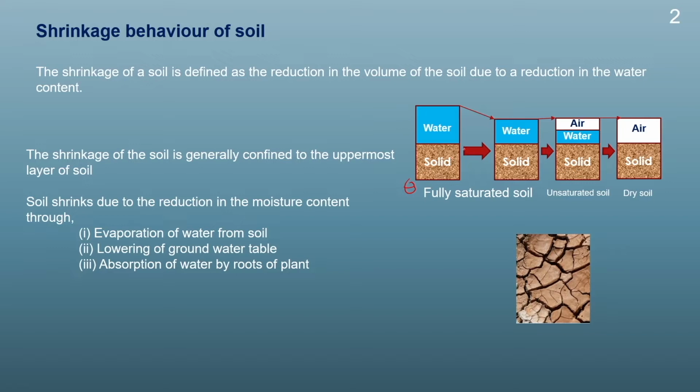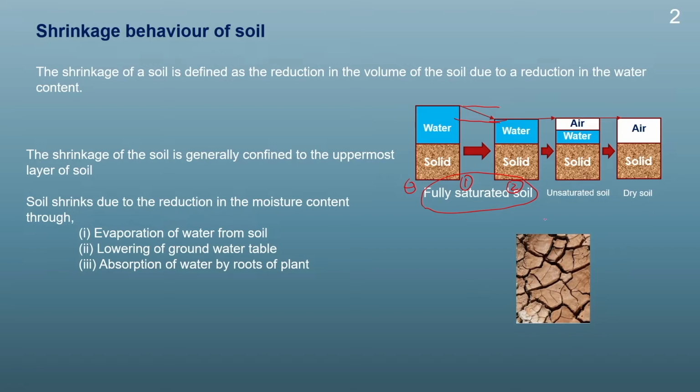When we decrease the water content of this soil, the volume of the soil will decrease, and this decrease in the volume of the soil is equal to the decrease in the volume of water. So, here we can see when we dry the soil from stage 1 to stage 2, there is a decrease in the volume of the soil, and this decrease is equal to the decrease in the water content of the soil, and until here the soil will be fully saturated soil.